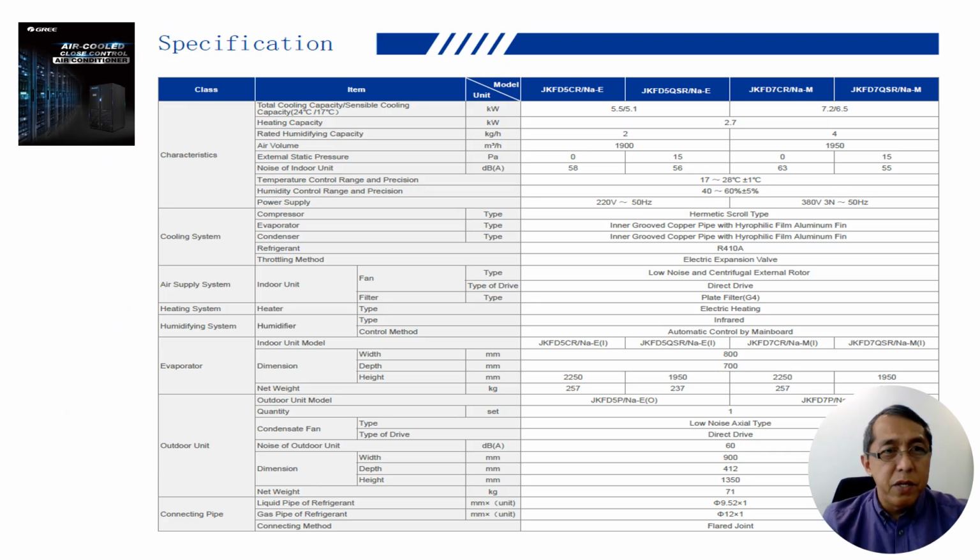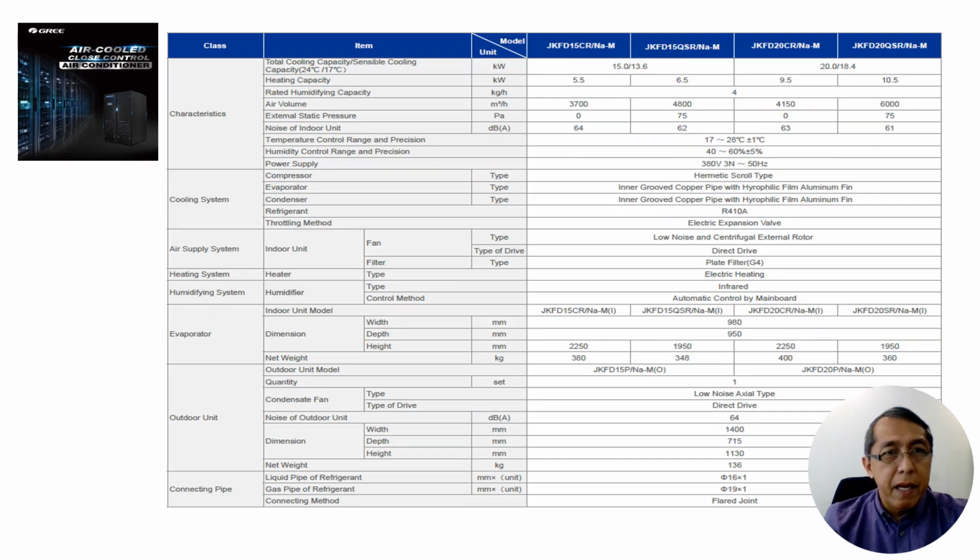For the specification, like what I've said, it is from 1.5 TR to 27 TR. You can check from this detailed enumeration of specs.